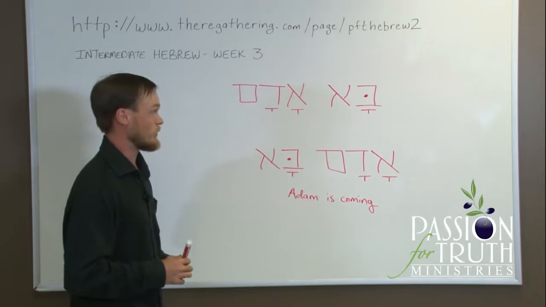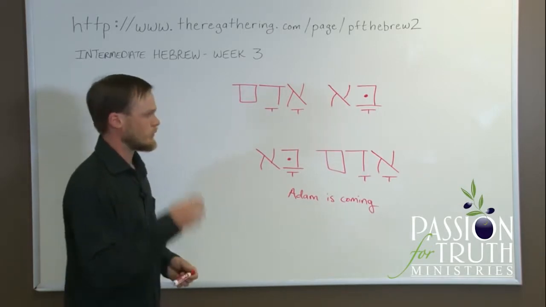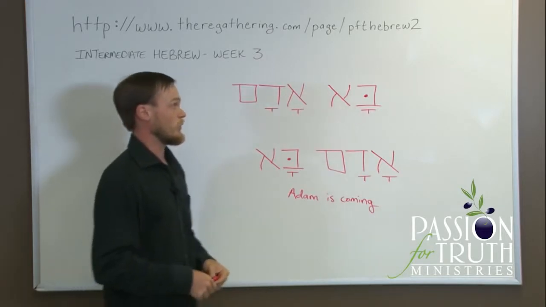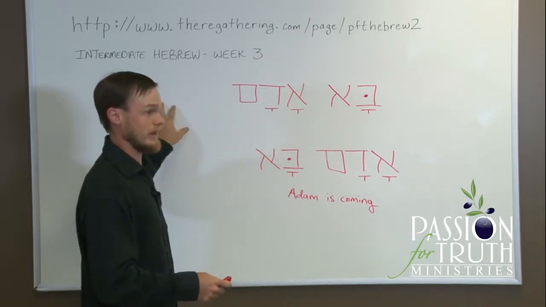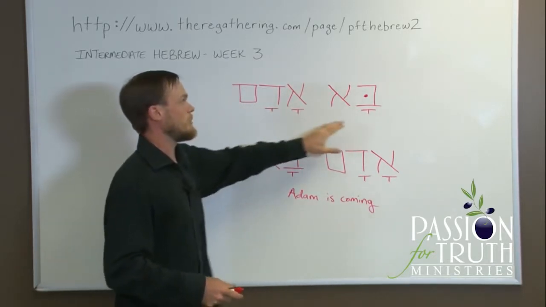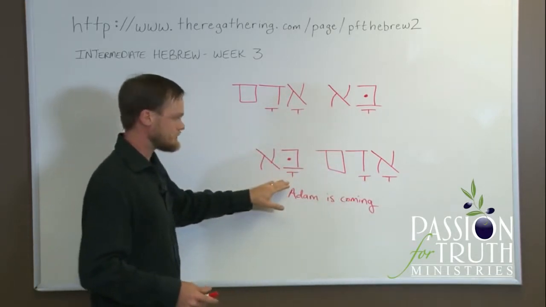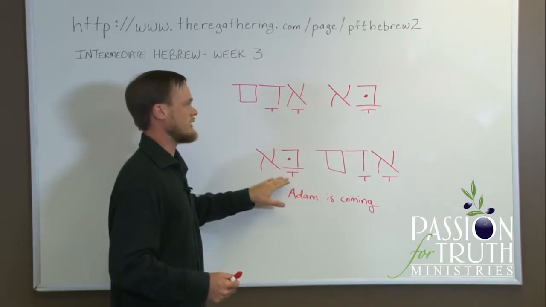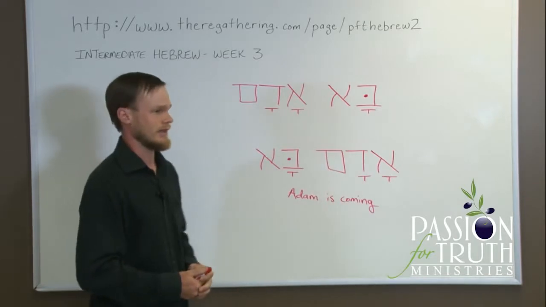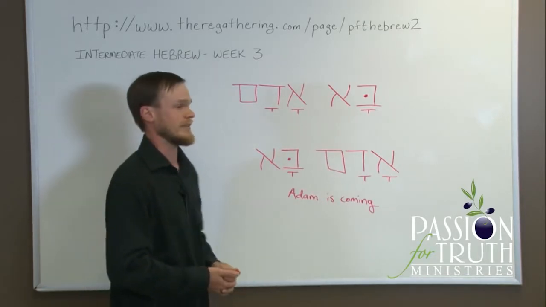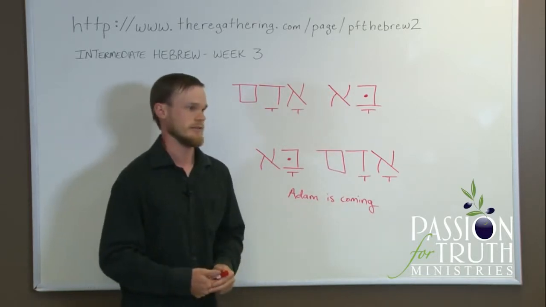In English, the word order is fluid between subject and verb, though there are certain cases where word order must be a certain way to convey a certain meaning. And in Hebrew, the preferred word order is to have the verb first, followed by the subject, followed by the object if there's in fact an object of the sentence, which we'll get to later. But verb-subject is the preferred order. Usually if you see subject-verb, the reason that's done is to draw attention to the subject. So this is Hebrew's way of emphasizing words, to put those words at the beginning of a sentence. It does not change how we would translate the sentence into English.